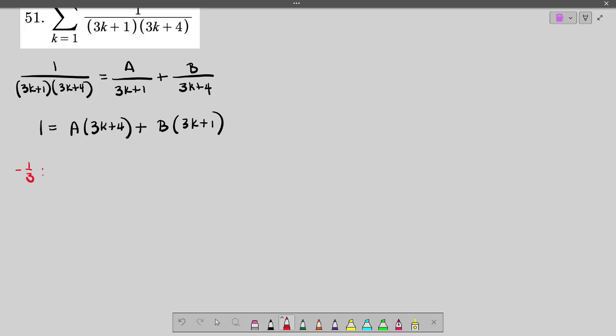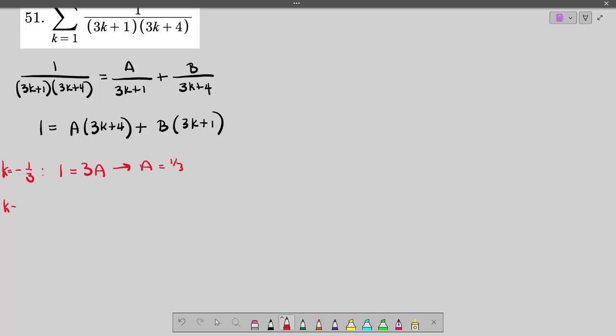So we're going to plug in k equals negative 1/3 across the board. Plugging in k equals negative 1/3 here and here, here it gives you a 0. Plugging in negative 1/3 there gives us negative 1 plus 4, which is 3. So 3A equals 1. So A is 1/3.